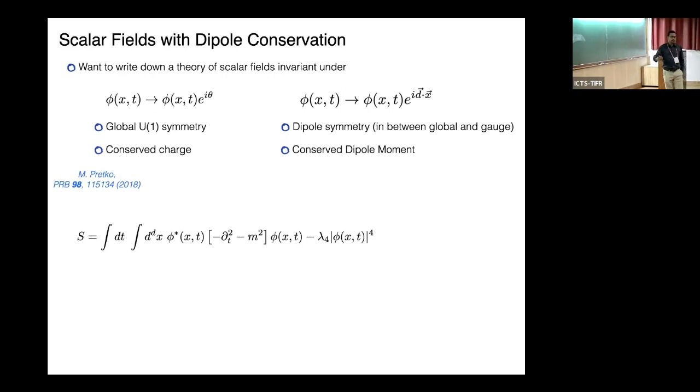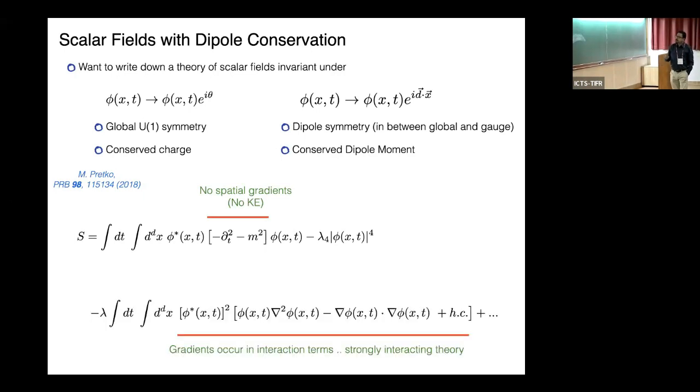Single particles cannot move, so there's no kinetic energy term for the quadratic piece. If you go further, you will see that you can add terms where interactions have gradient terms in very specific ways. And so essentially any kinetic energy is nonlinear, and so it ends up being a strongly interacting theory and so on and so forth.